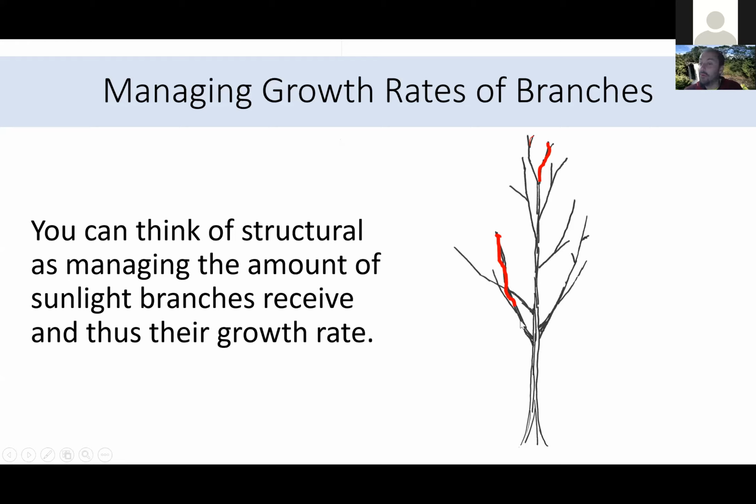It's going to grow less, and over time it may develop a branch collar and be safer to remove in the future. Again, it gets tricky, right? Because if this branch was already bigger than 4 inches, we're going to have to think about that. We might want to just remove it outright, but I don't give you sizes in this picture, so it's hard to say. In this case, we'll just say we're going to shorten it.